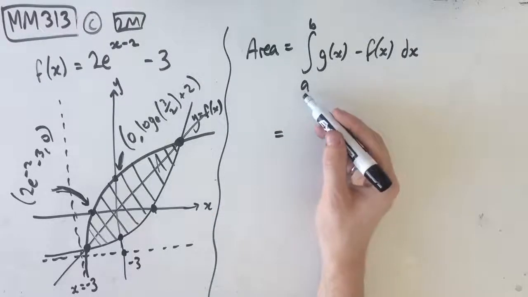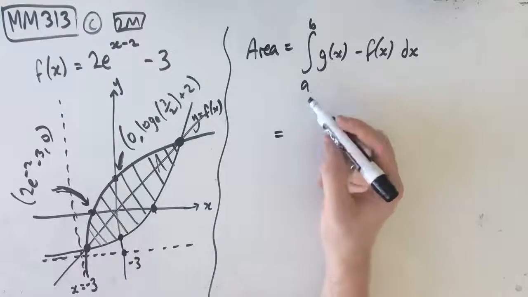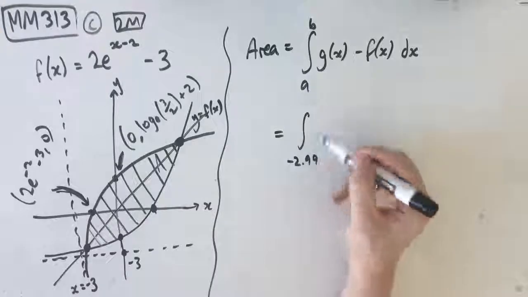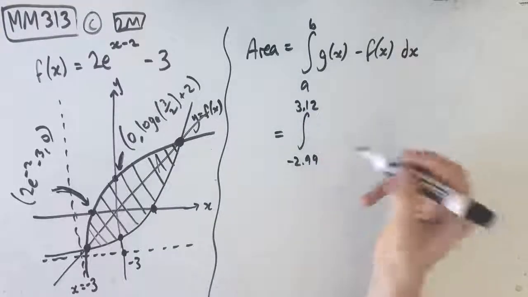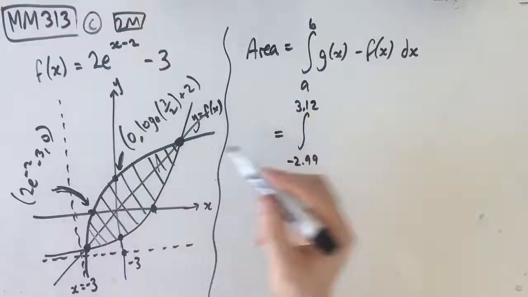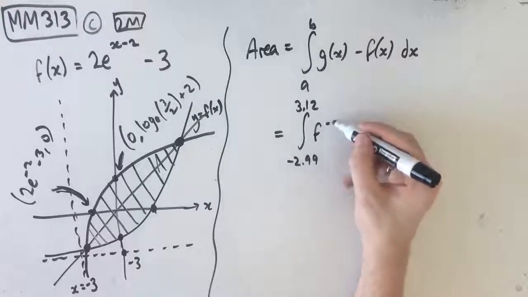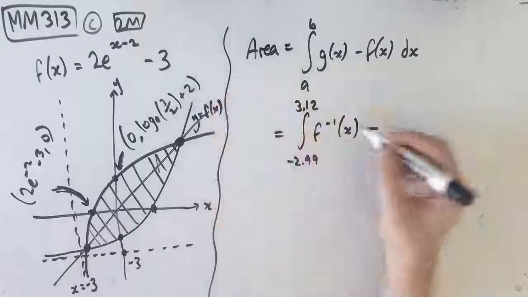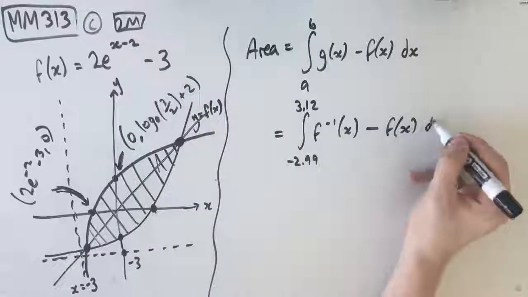So our first point of intersection, as we found in the previous part, is negative 2.99. Okay, so negative 2.99 to 3.12. Our top graph is our inverse. So inverse of f of x minus our bottom graph, which is f of x dx.